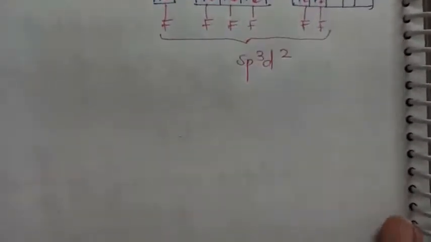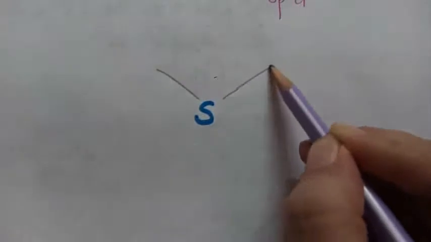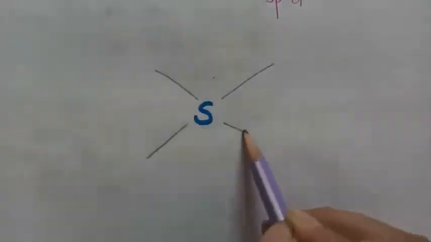Now let us discuss what is the geometry in sp3d2 hybridization and what will be the bond angle. Now let us talk about the geometry. So in sp3d2 hybridization, geometry is always octahedral. So let us see how the octahedral geometry is drawn. Sulfur in between, then you will have to draw a rectangle around sulfur.